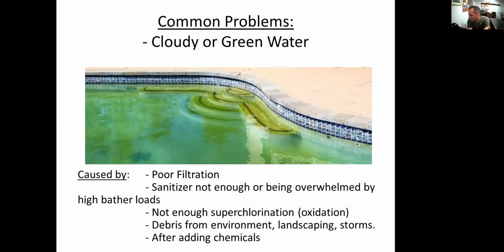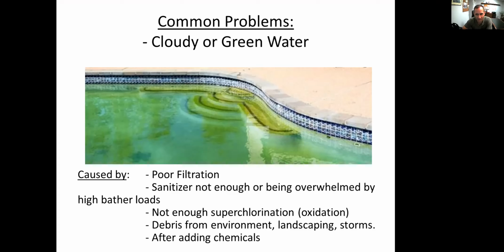So some of the most common problems are just cloudy water or green water. It could turn cloudy or green pretty quickly, or it can do it slowly over time. Some of the possible causes, I talked about number one, poor filtration. There could be something wrong with the pump.